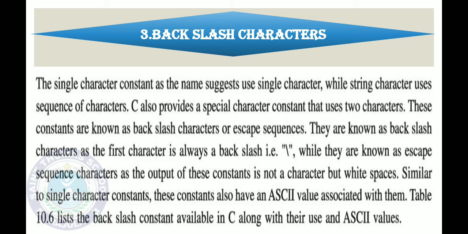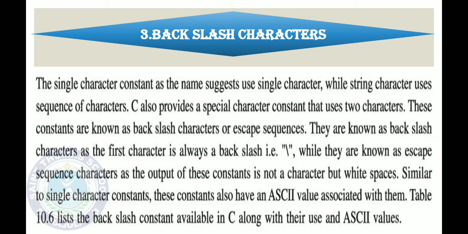In a single character constant only one character was there; here in the backslash characters, compulsorily there are two characters. These constants are known as backslash characters or escape sequences.